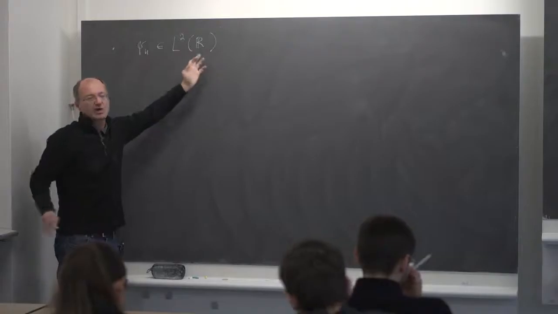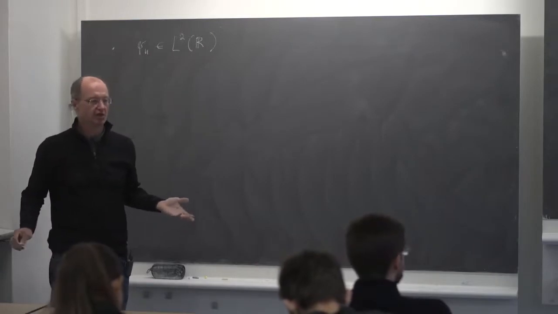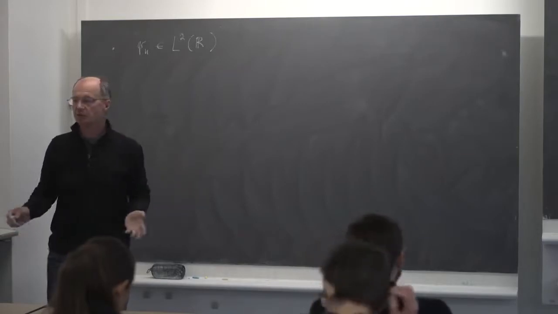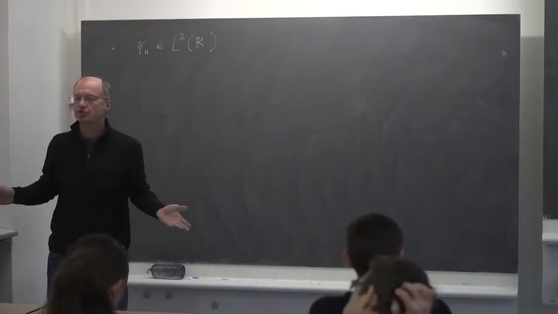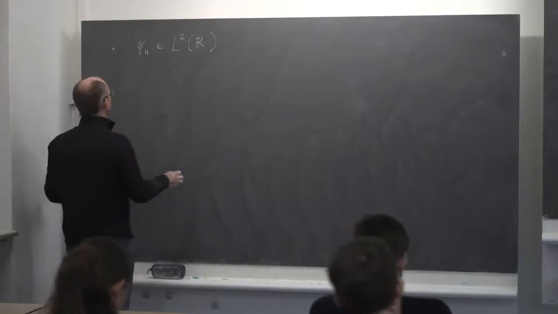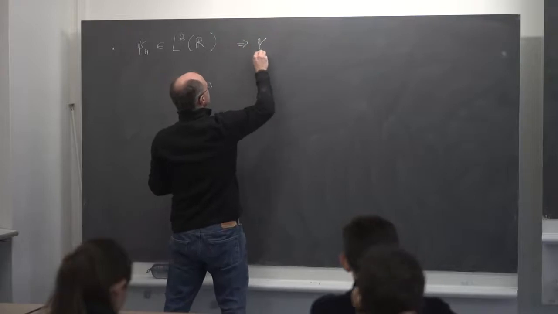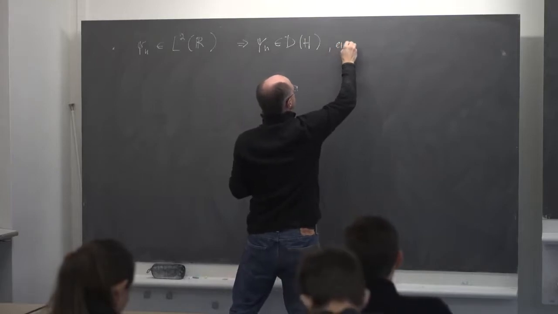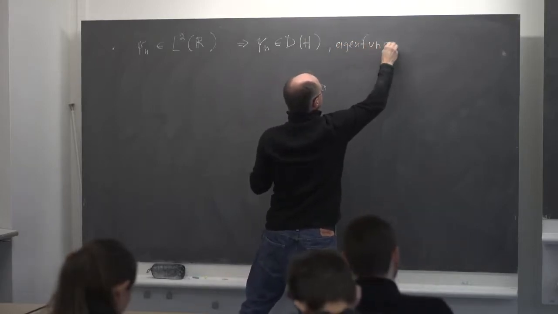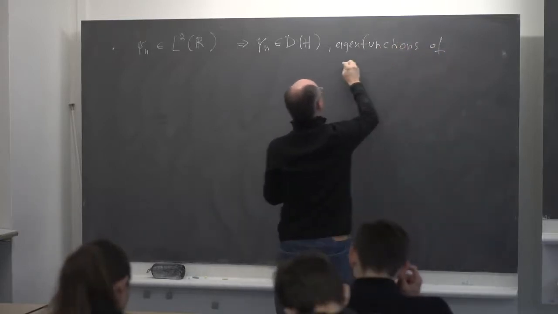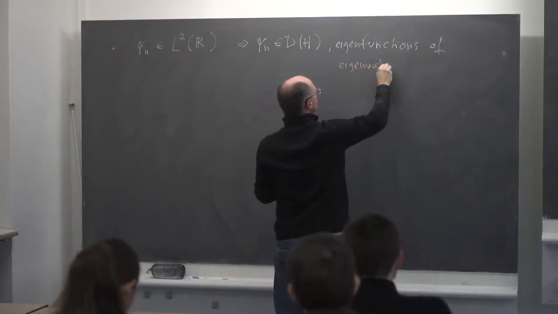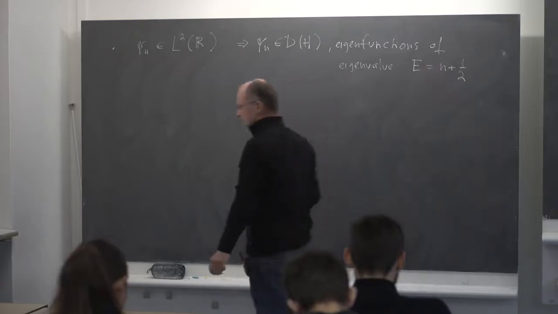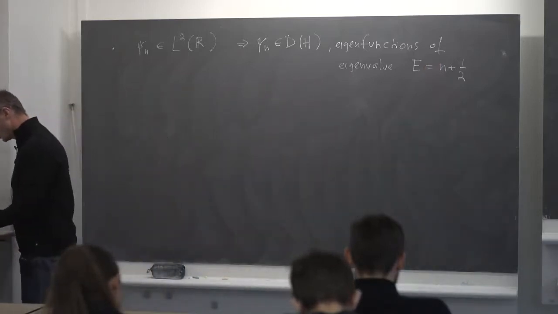Actually, we happen to find actual eigenfunctions in the domain of definition, so they are smooth and square integrable. These are just good functions, good eigenfunctions of our original Hamiltonian, with eigenvalue n plus 1/2.